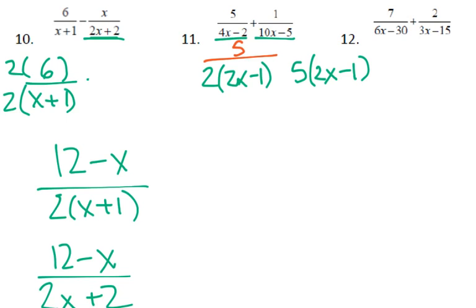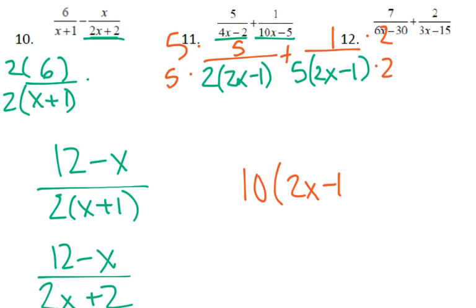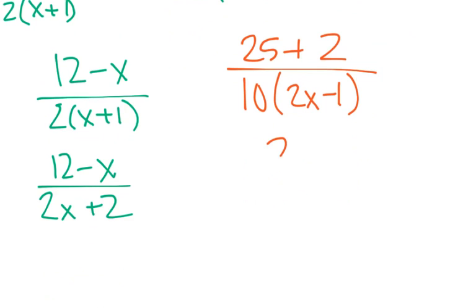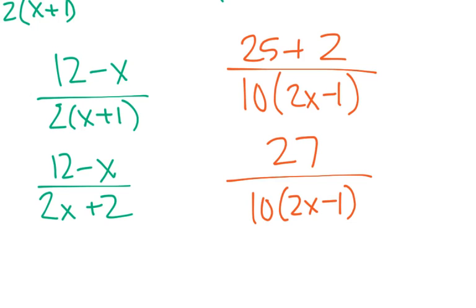So I need to times this side by 5, and the right side by 2. So we'd end up with 10 times 2x minus 1, because those would multiply to be 10, over 5 times 5 is 25, plus 1 times 2 is 2. So we get 27, which I can't simplify further, so I just leave it like this.